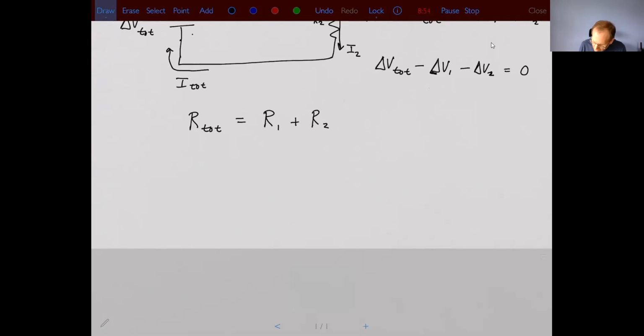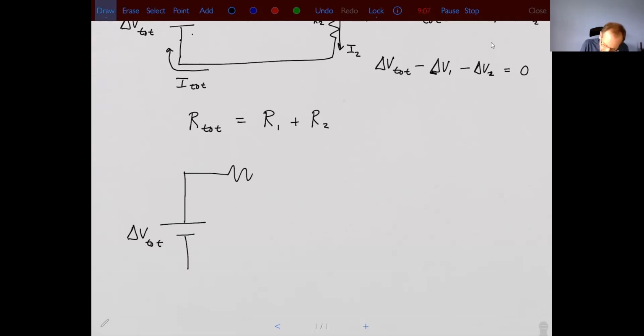So then for the simple circuit now, I'd have delta V total. I would combine those two resistors into just a single resistor. So this would now be R total.